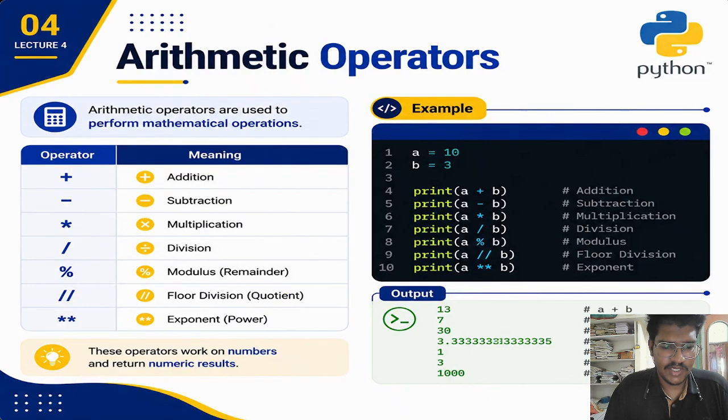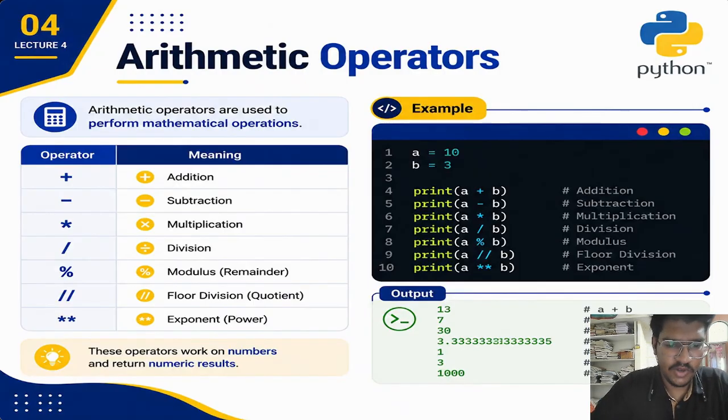The fourth is division. It is denoted by a slash and divides the left operand by the right operand. 10 divided by 3 gives 3.33. Importantly, this always returns a floating point number.